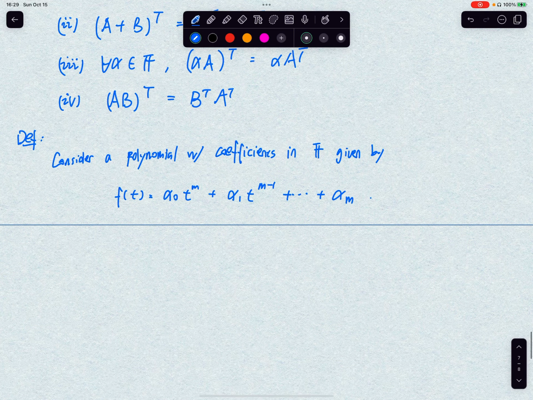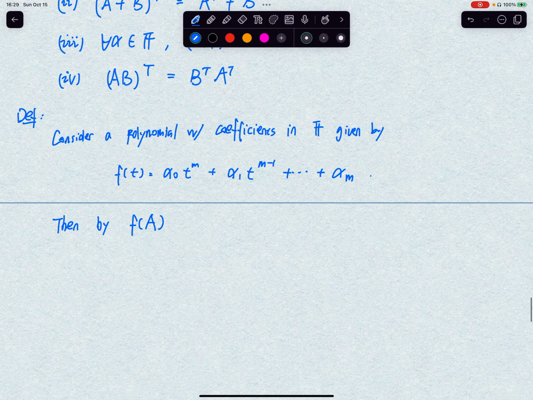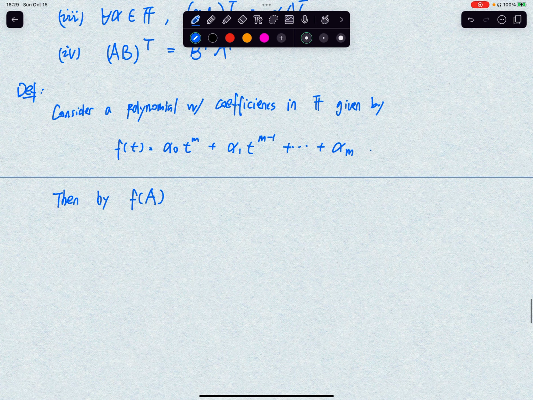And then by f of A, where A is a matrix, we really mean that f of A equals alpha naught A to the m plus alpha 1 times A to the m minus 1 plus all the way down to alpha m times the identity I. We shall define in this way a polynomial of a matrix.